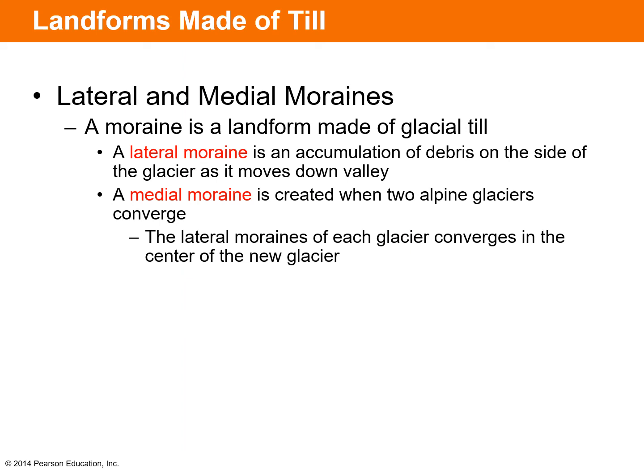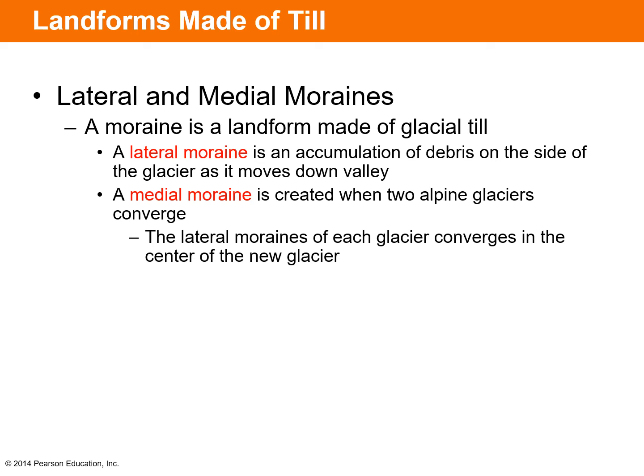So now that everyone hopefully understands what till is, which is sediment that's directly deposited by the ice of a glacier, you might note that there are multiple types of landforms that are actually made of till. So one of those types of landforms is a lateral moraine, which is an accumulation of debris on the side of the glacier as it moves down valley. And another one of these types of landforms is a medial moraine.